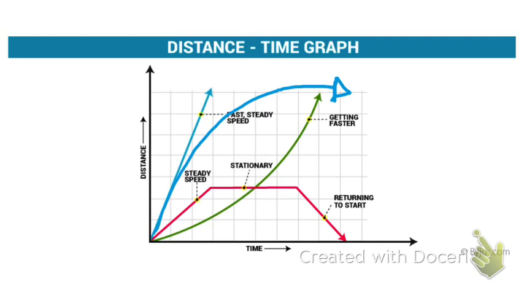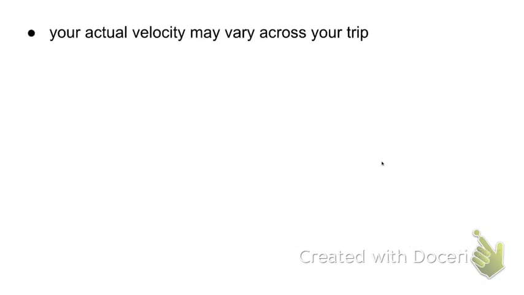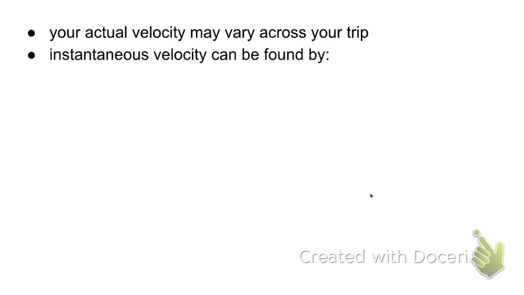Sorry, I just did it on purpose. Your actual velocity, as we discussed, is going to vary across your trip. So generally speaking, these lines represent an average velocity. If you want to find your instantaneous velocity, you can.